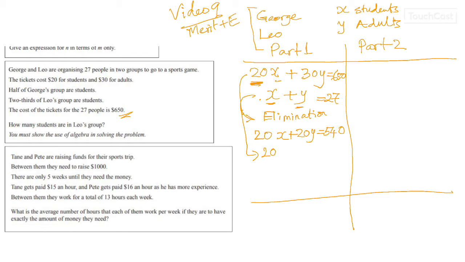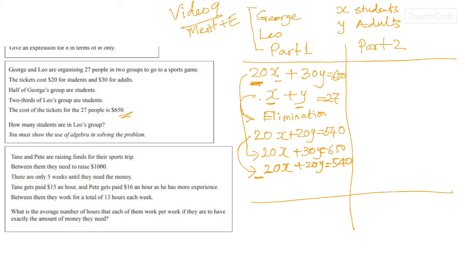I got to align each variable underneath one another. 20x plus 30y equals 650. That's not very convenient. I am going to subtract this one from 540.